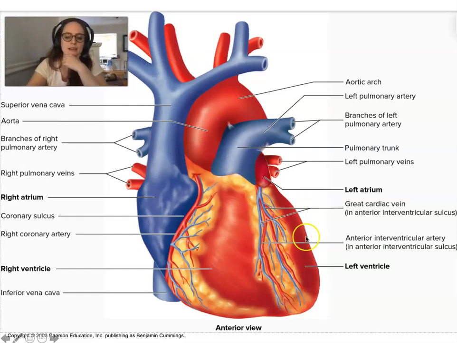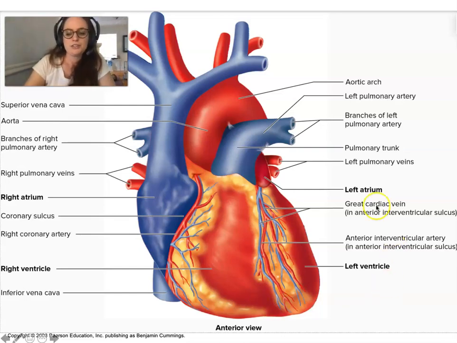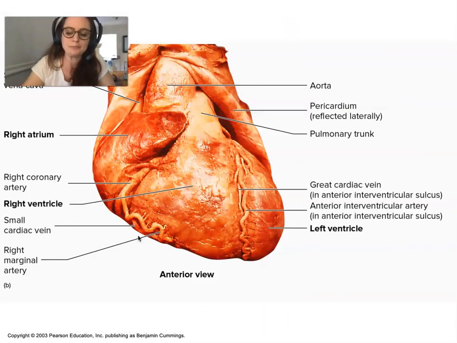You have a left ventricle and a right ventricle. Now, the left ventricle is not smaller than the right ventricle. The heart is anatomically kind of a spiral. And so more of this left ventricle is visible from the posterior view. See how that works?